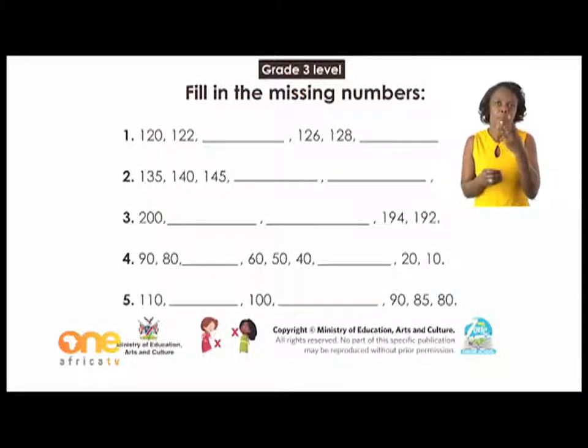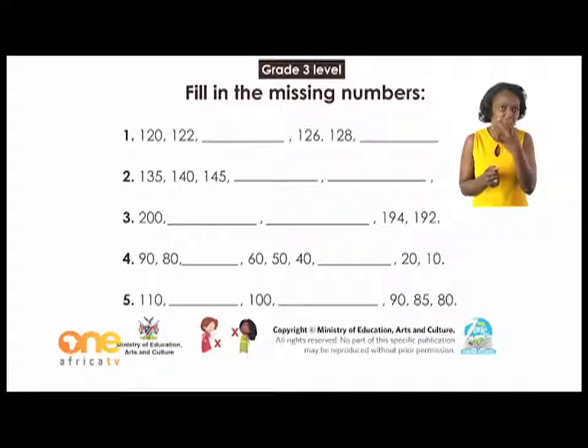Number 3 is a bit challenging, but they have made it simple for us by giving us the 2 last numbers. Therefore, the 2 last numbers, they will give us a clue in which sequence are they counting in. So check the last number, 192, and then 194.